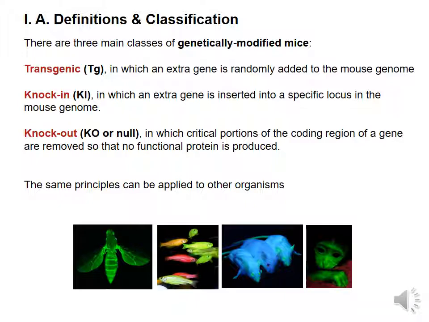And knockouts, or KO or null animals, are animals in which critical portions of the coding region of a gene are removed so that no functional protein is produced. The same kind of principles can be applied to other organisms.